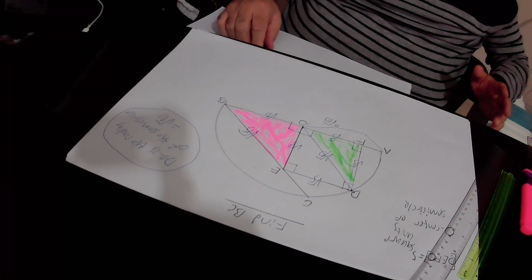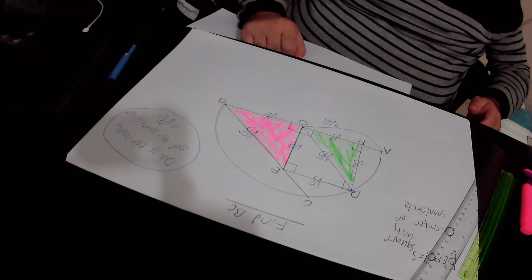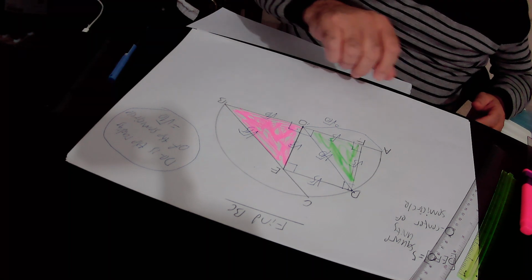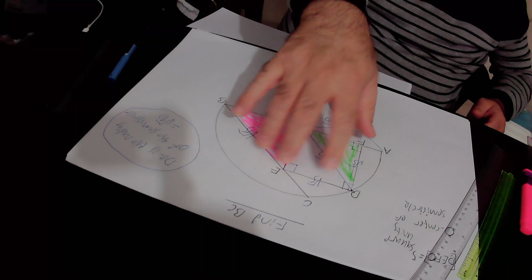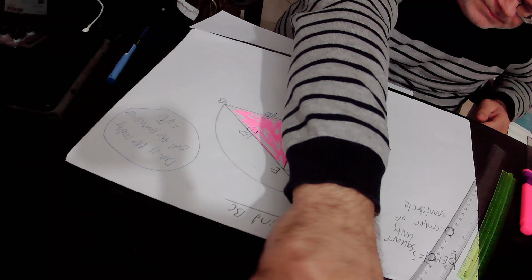In order to find out the length of line segment CE, we will make a construction. We will complete this semicircle to a circle. The first step.